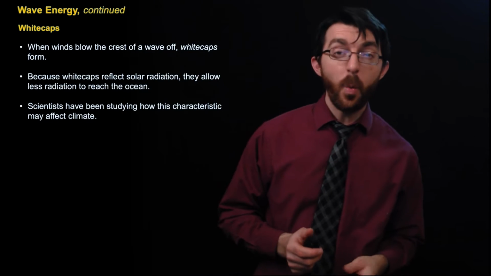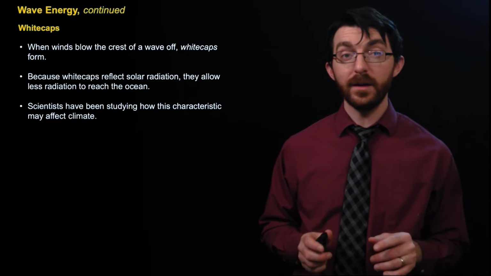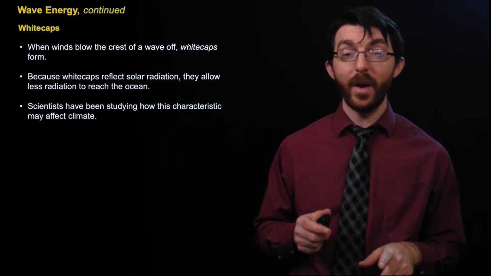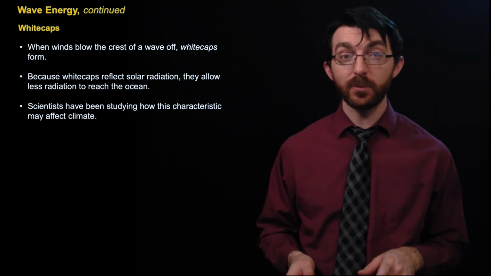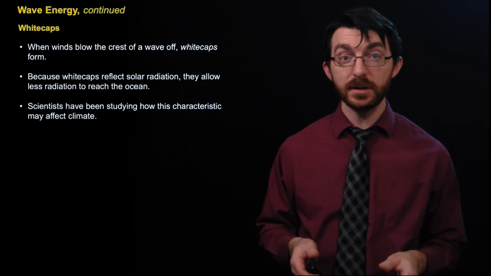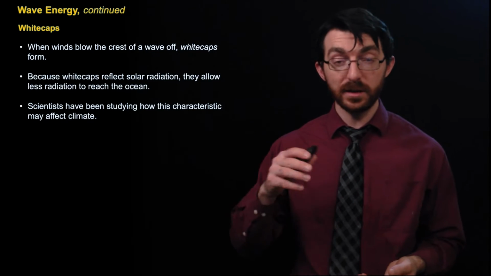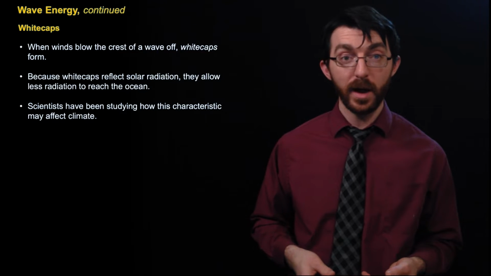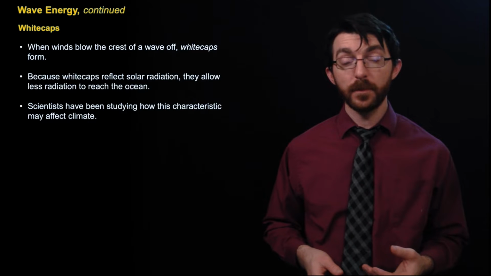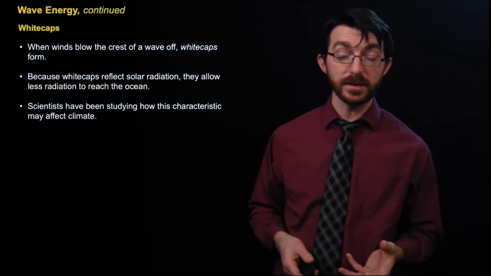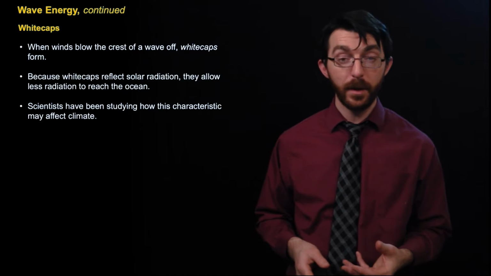Okay, so whitecaps. That is something that happens when wind blows the crest of a wave off. Because whitecaps reflect solar radiation, they actually allow less radiation to reach the ocean because it's a little reflective patch on top of the water, and so that might actually have an effect on climate because it affects how much solar energy is able to get into the ocean to warm it up.